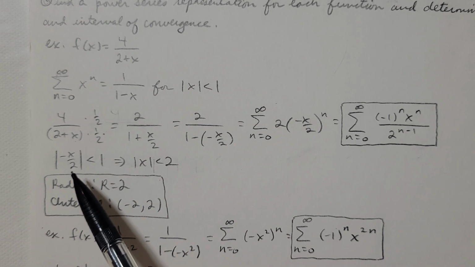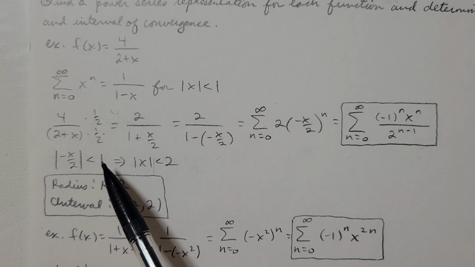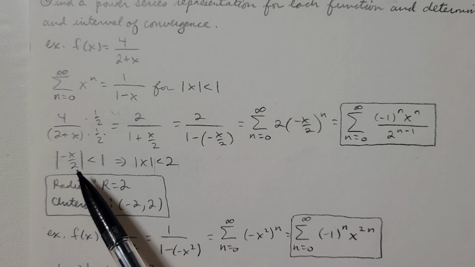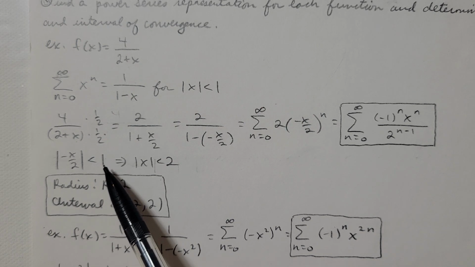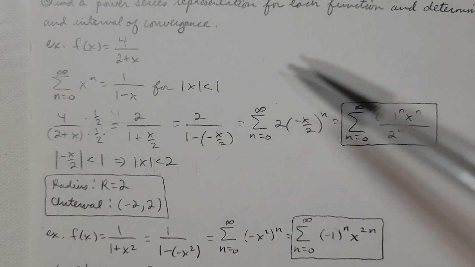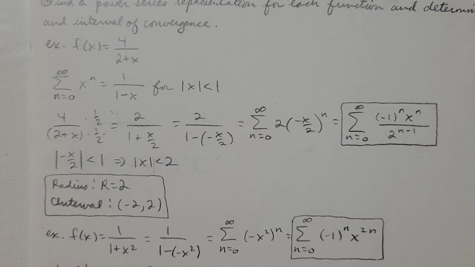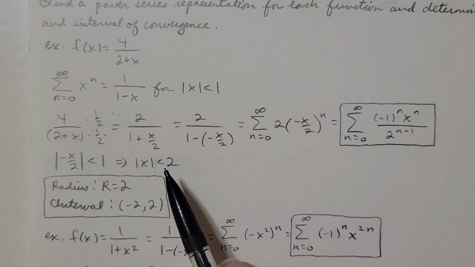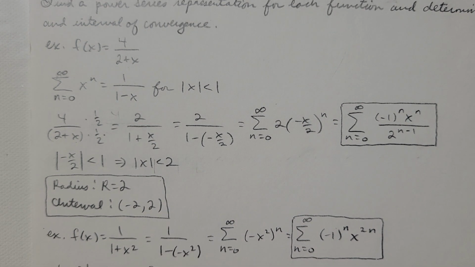The absolute value of negative x over 2 less than 1 means the absolute value of x over 2 is less than 1. If I multiply both sides by 2, the absolute value of x is less than 2. So x would be between negative 2 and positive 2.